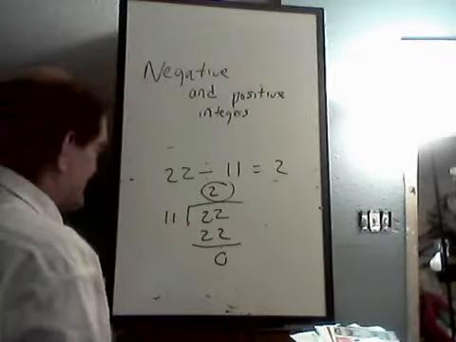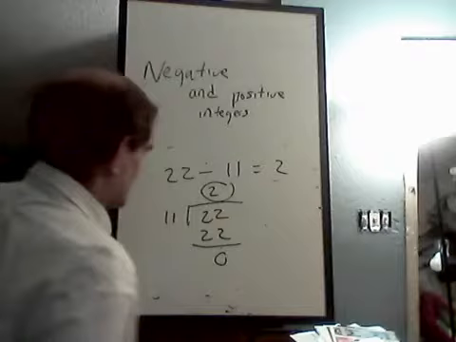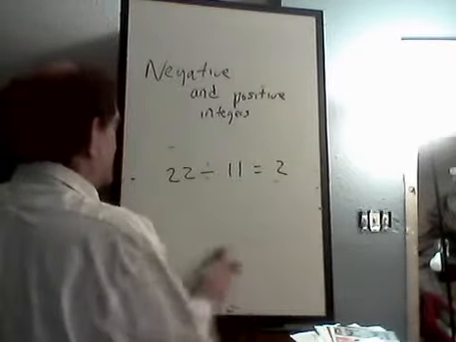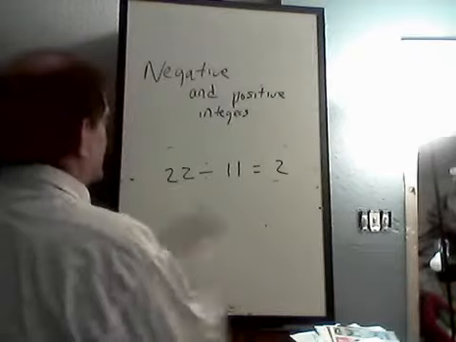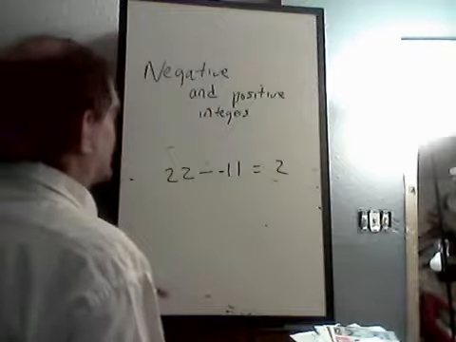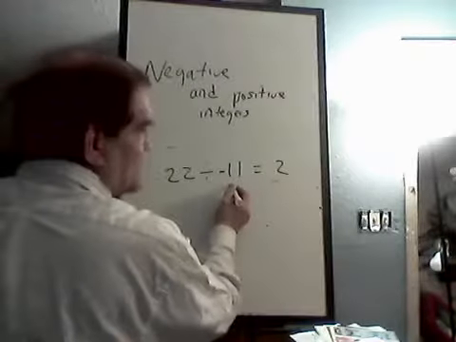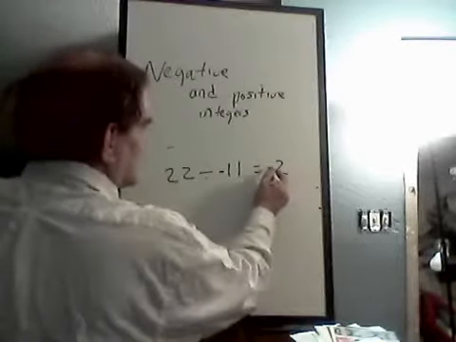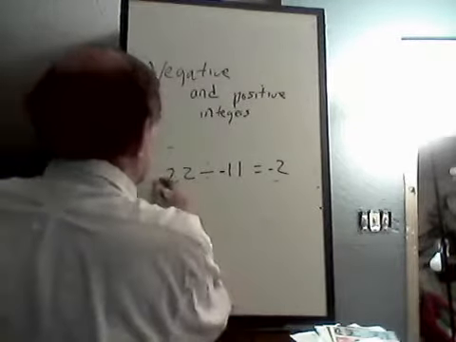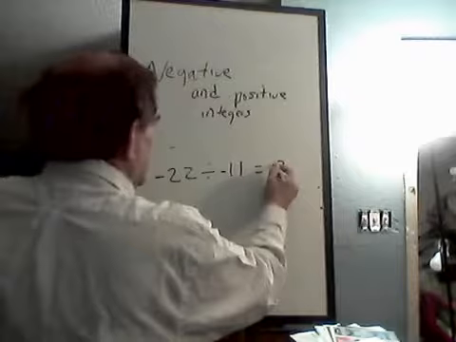Straightforward. But what if I told you that was 22 divided by -11? What happened? Well, if you've got one negative in this, this becomes a negative. That's how you look at it. If it's two negatives, this becomes a positive.